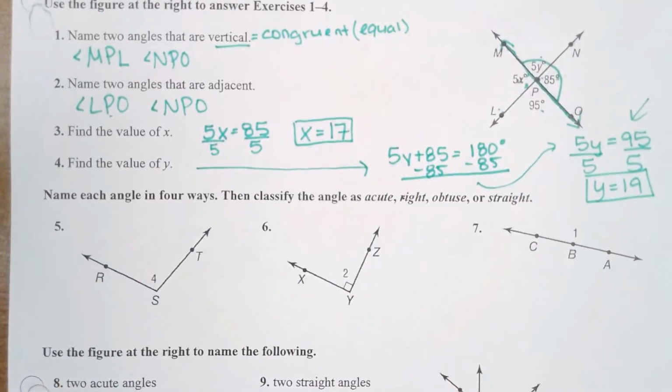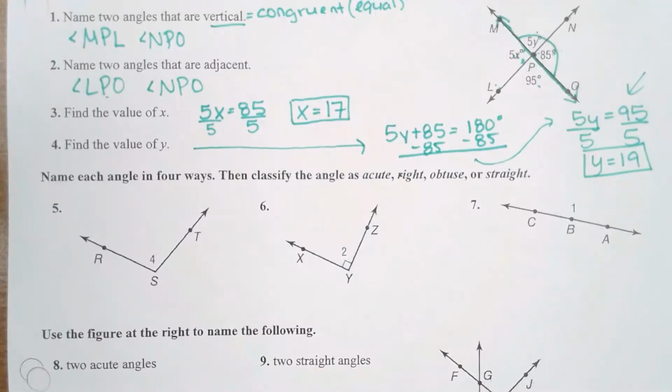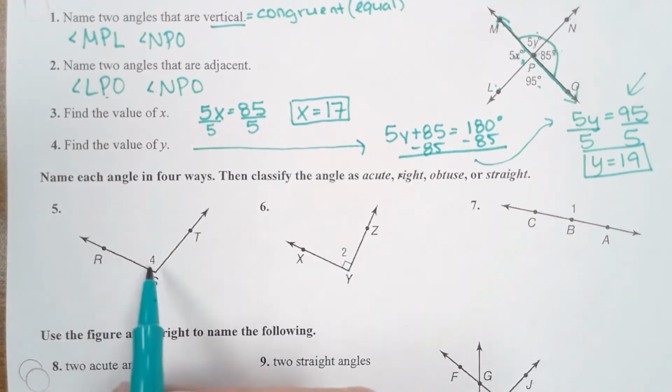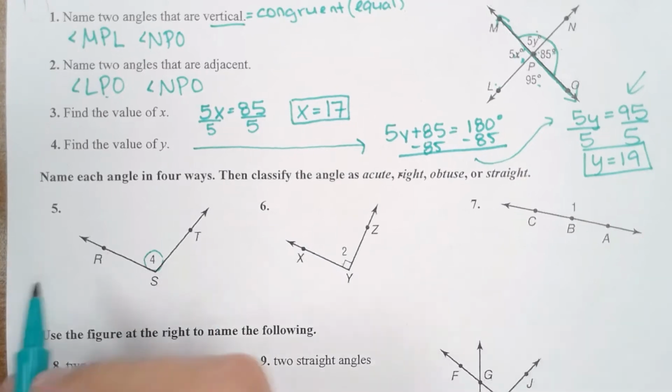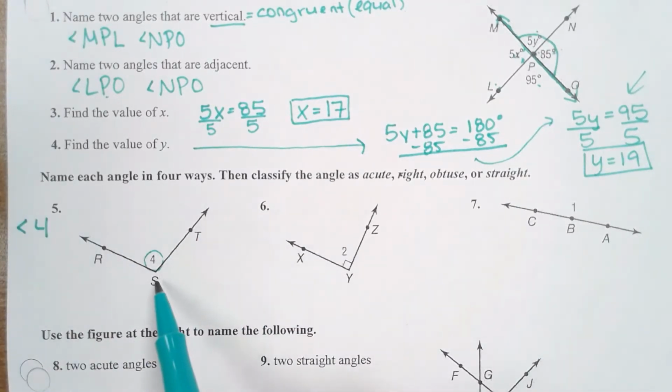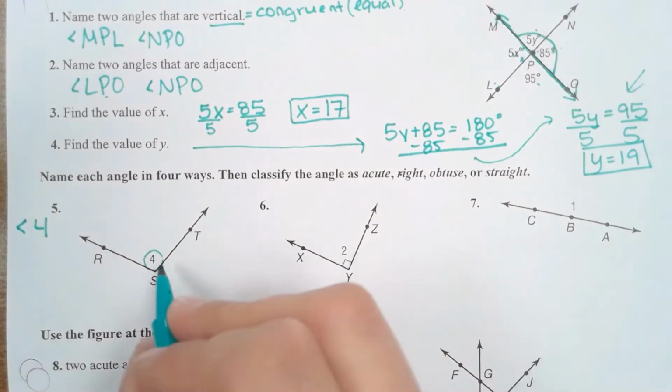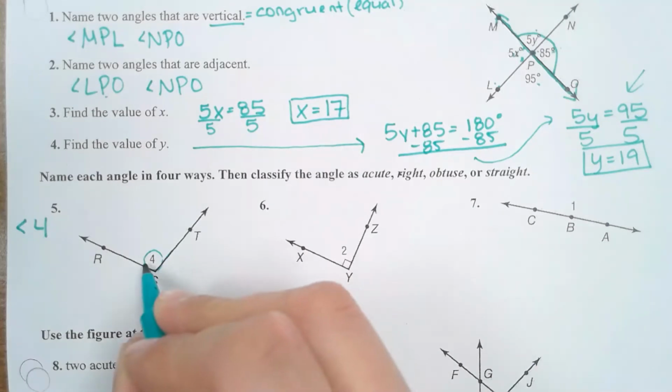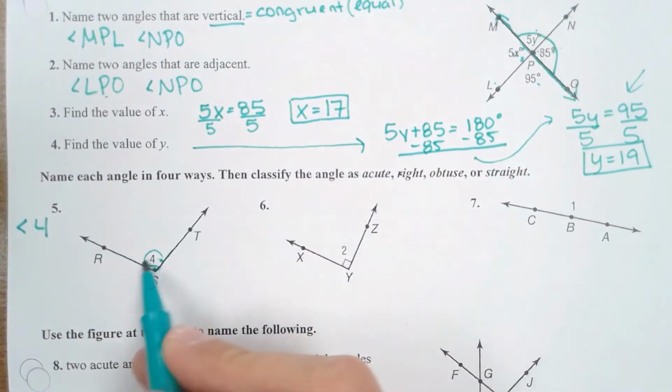Alright, next part is we need to name each angle in 4 ways and then classify the angle as acute, right, obtuse, or straight. To name an angle, you can name it by the number on the inside. So in this case, I can name it angle 4. You can also label it by its vertex. Remember, the vertex is where two lines meet, and that's what forms this angle right here.